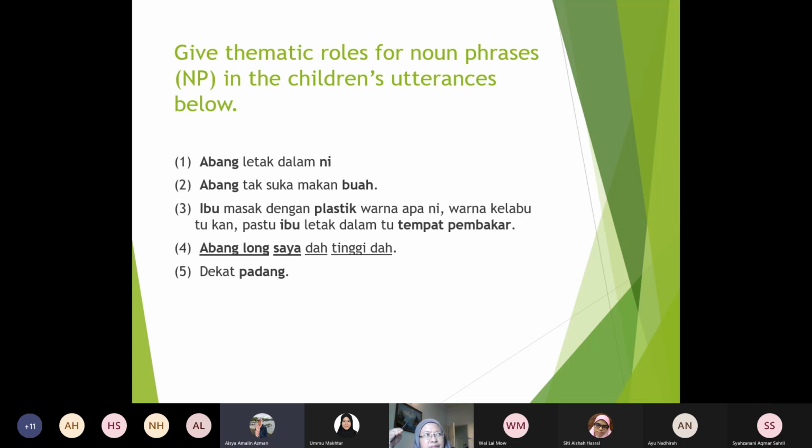Maknanya all arguments could be noun phrase. Actually some arguments are prepositional phrase, macam put the apple on the table. On the table is an argument, kan? So it gets a thematic role, semantic role.